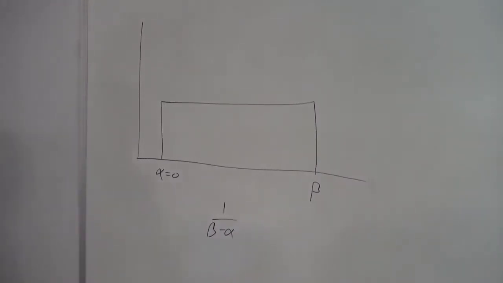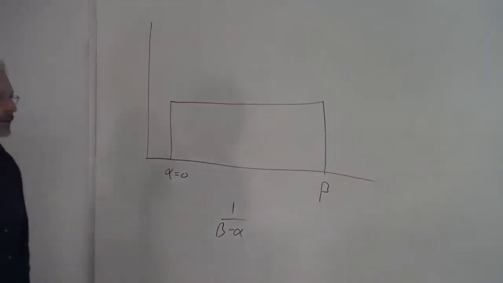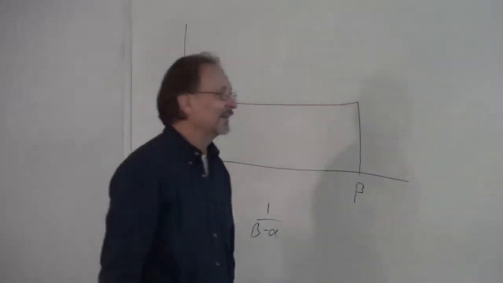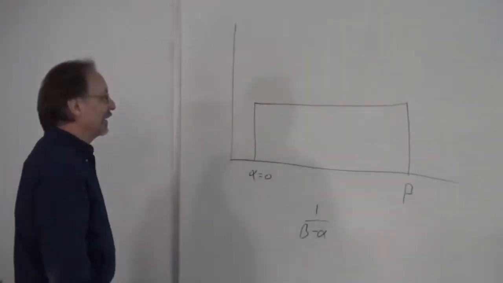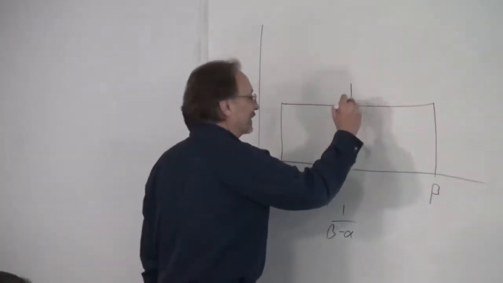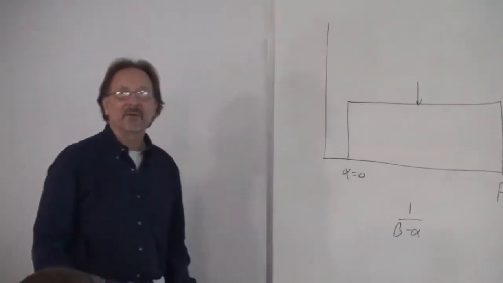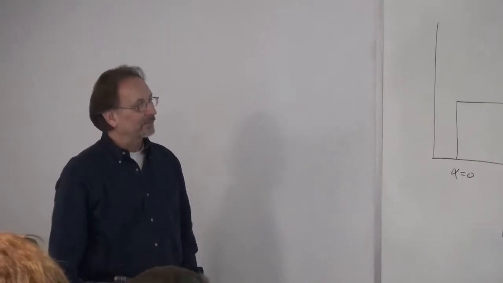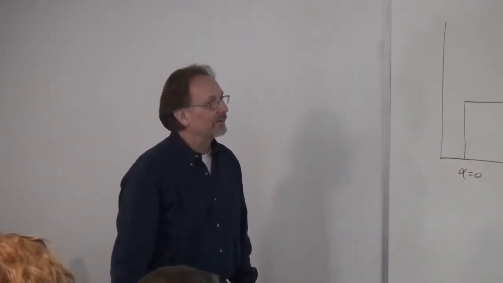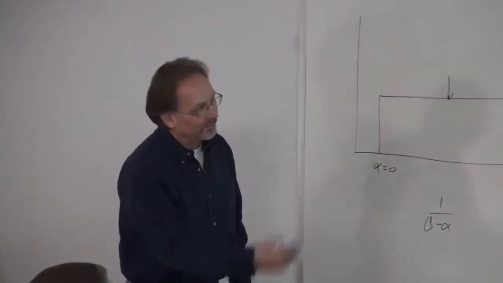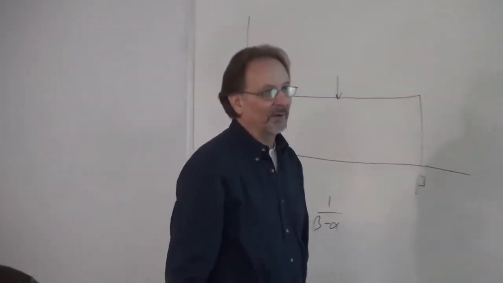We usually don't use a lower value other than that. The average, as you probably guessed, is right here in the middle. So it's beta plus alpha over 2. And the variance is beta minus alpha squared over 12.